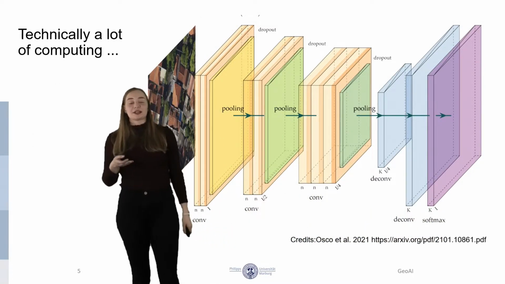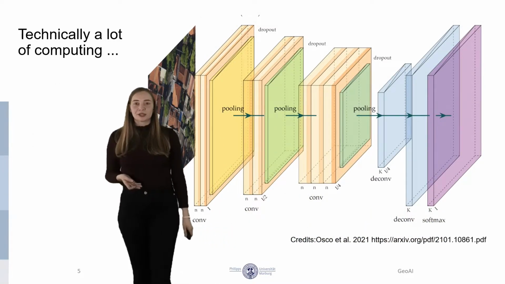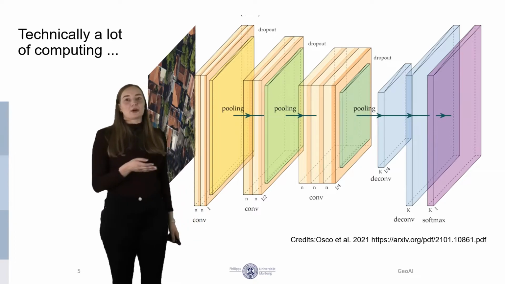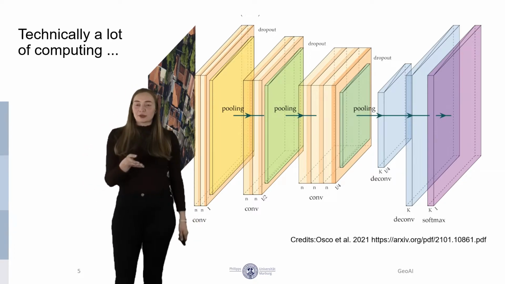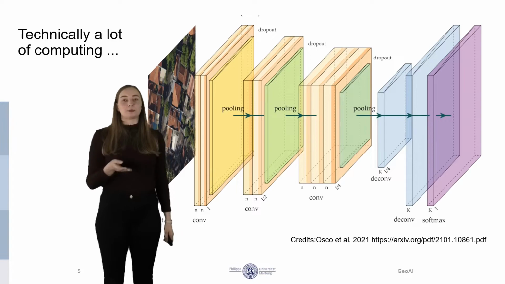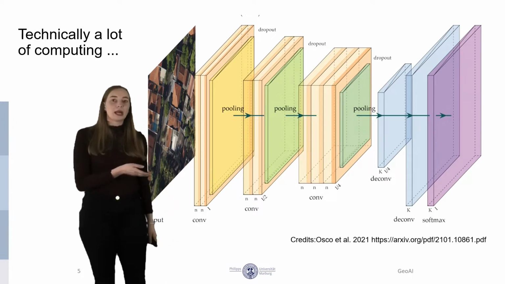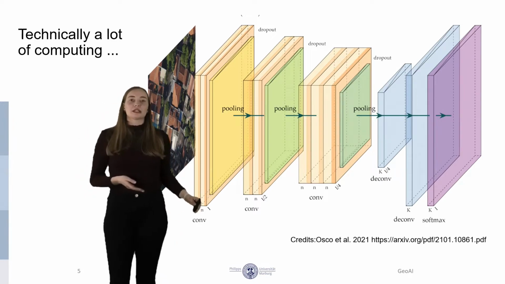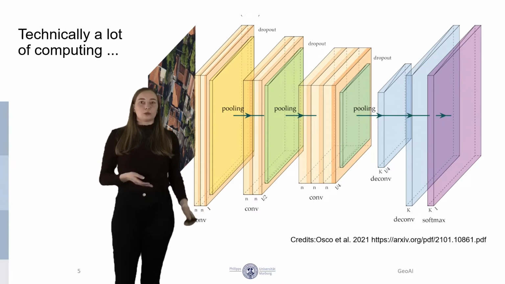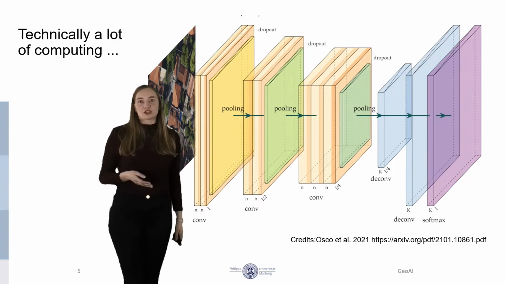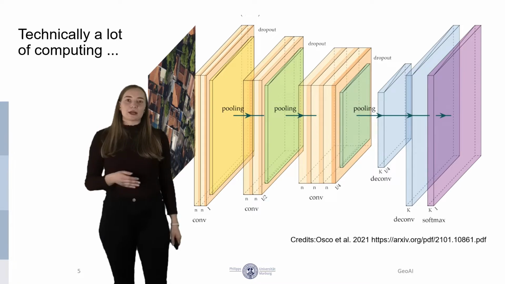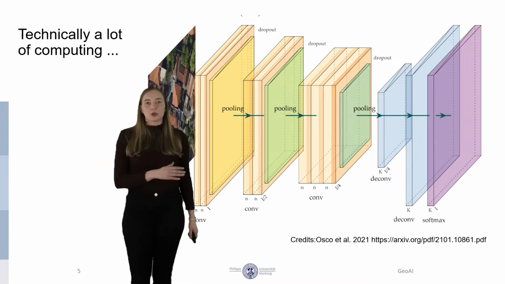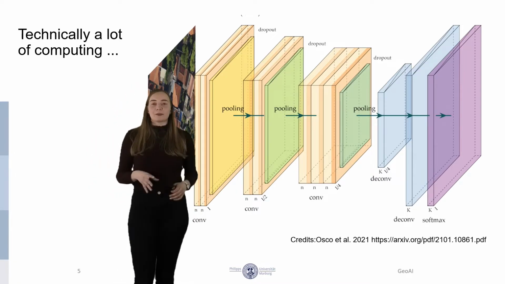Technically this is a lot of computing to do. We take our image, our elephant image or cow image, and put it into the algorithm and do some convolution, some pooling, and we will lose some of the spatiality of the data as we go down into the network, but we will gather information about the object.